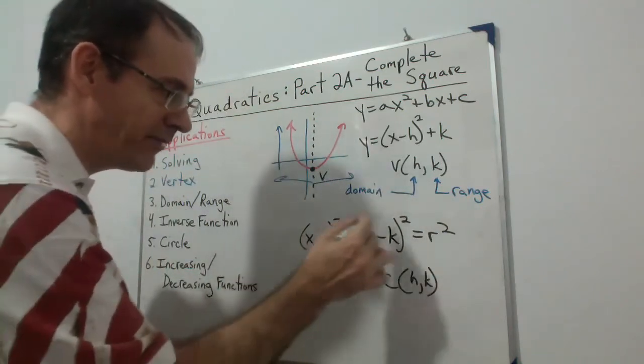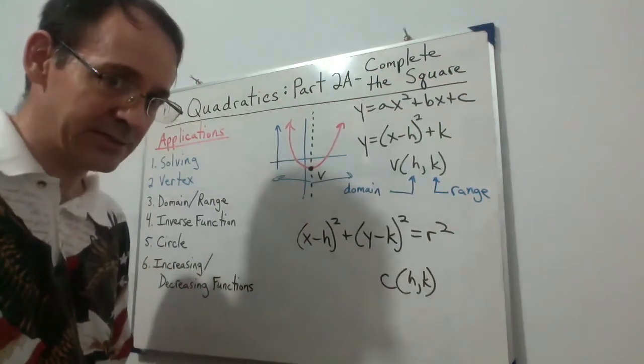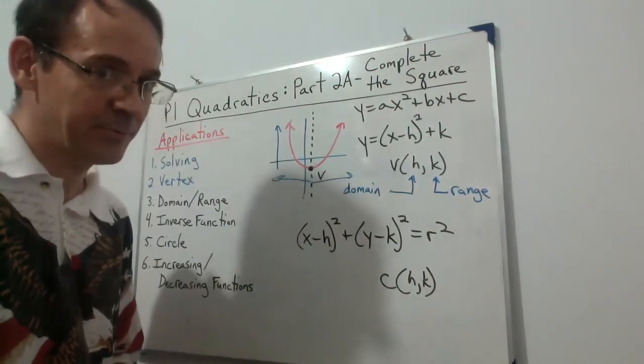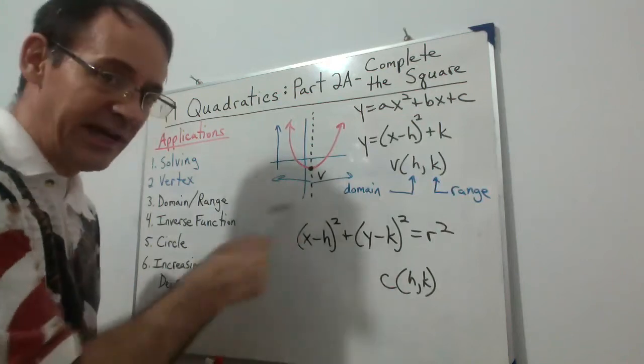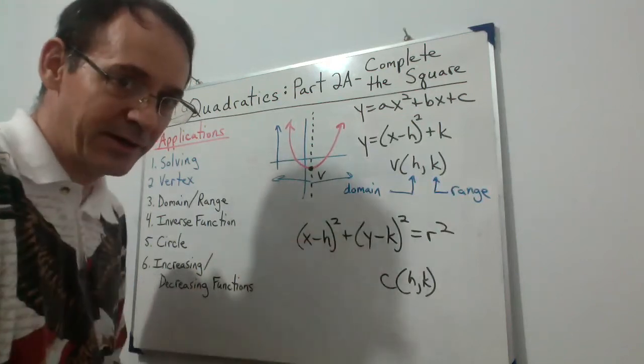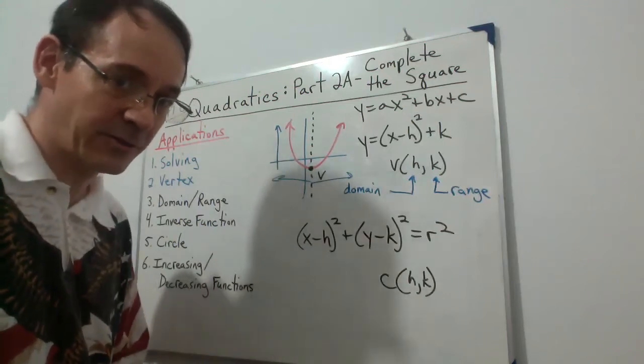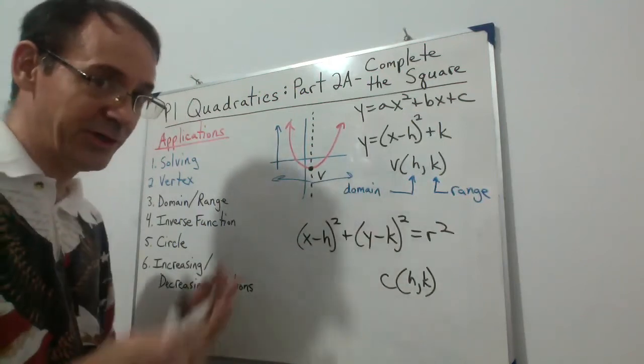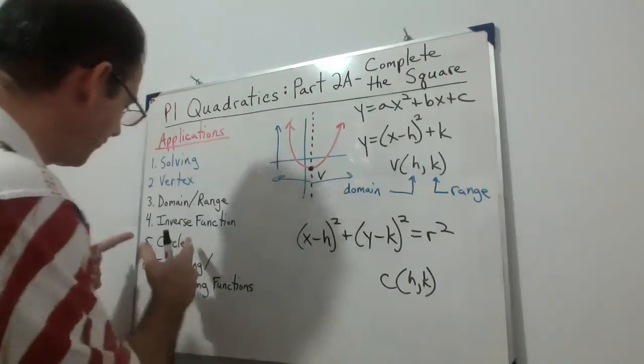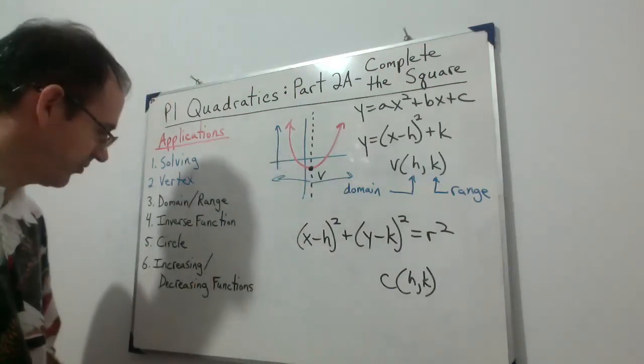And now you have two perfect squares, meaning you're going to have to complete the square twice. One with the x variables, once with the y variables, to get your perfect squares so that you can have your equation of your circle. So you get to do it twice in one problem for coordinate geometry with circles.